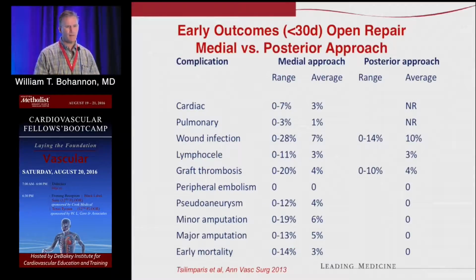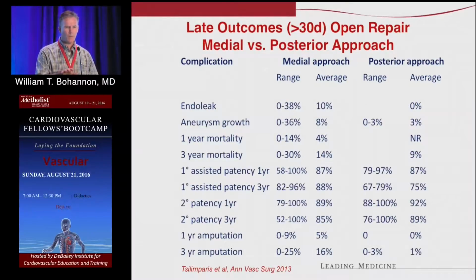So looking at the outcomes of the medial and posterior approach, the short-term outcomes are pretty good in regards to graft patency and thrombosis. One thing you want to look at for the medial versus posterior approach, which makes sense, is you can still have aneurysmal growth in regards to the medial approach through some theoretical patency of the perigeniculate vessels.